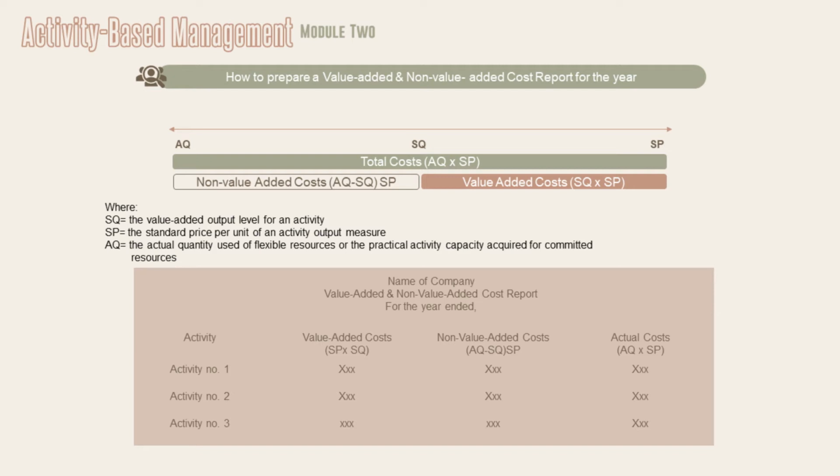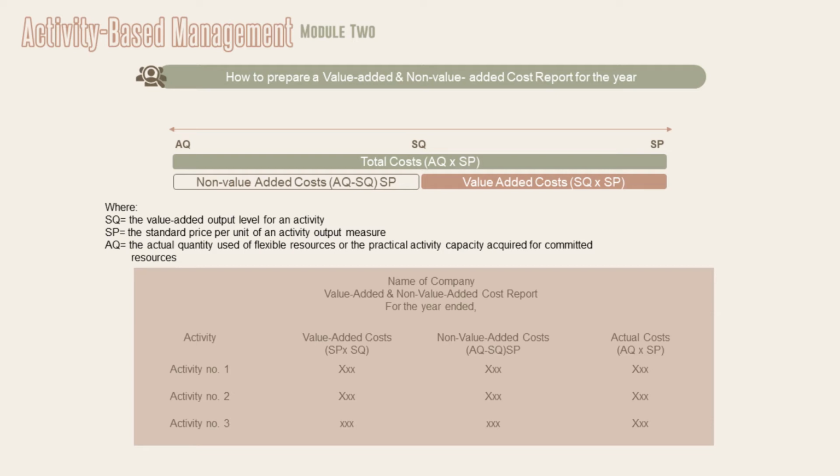First you have to place the heading for the report. On the first line we will put the name of the company, and on the second line the type of report, which is the value added and non-value added cost report.